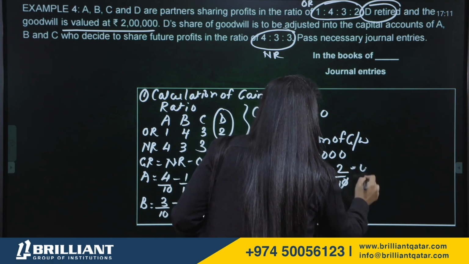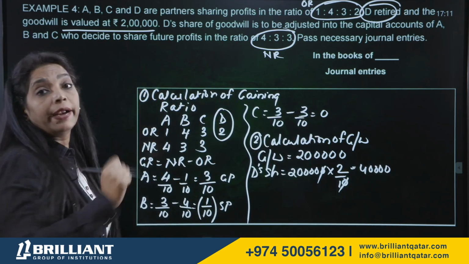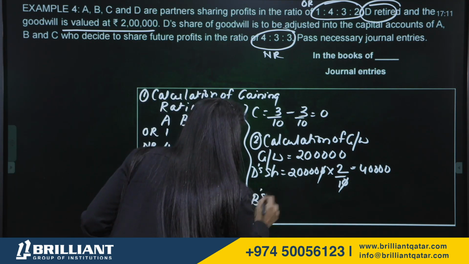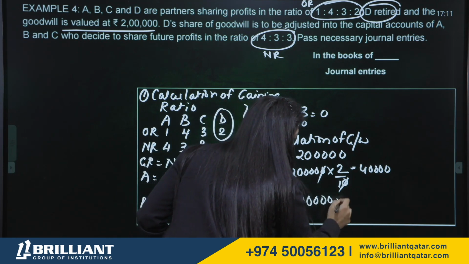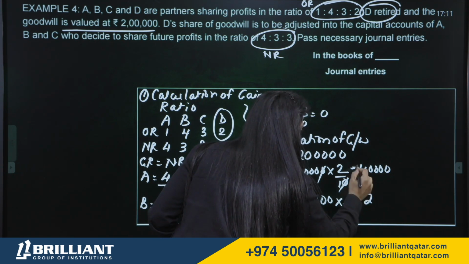So that's 40,000. And you also have to find the sacrificing partner's share, that is B's share. So B's share is equal to 2 lakh into 1/10, which is equal to 20,000.